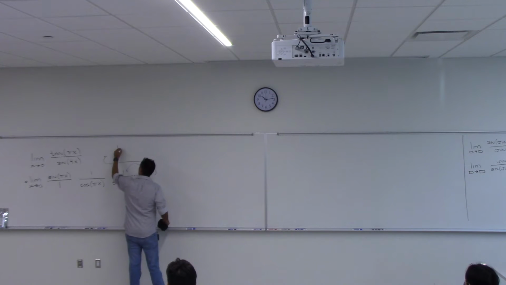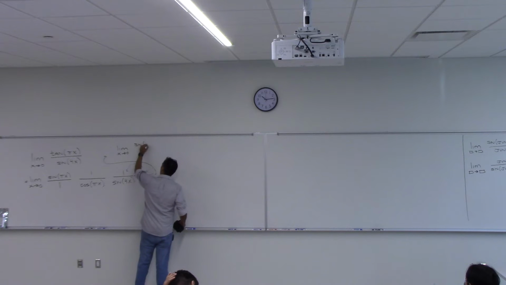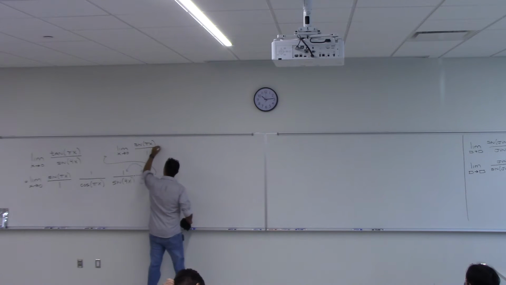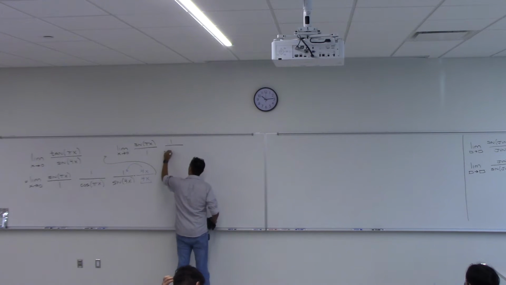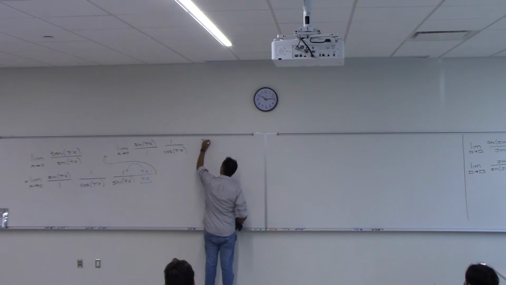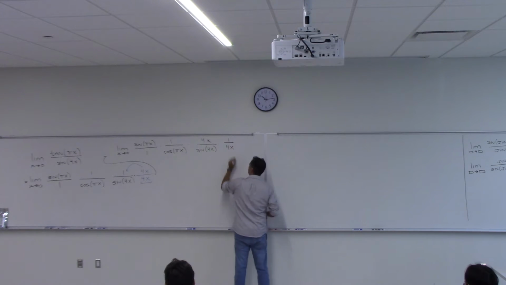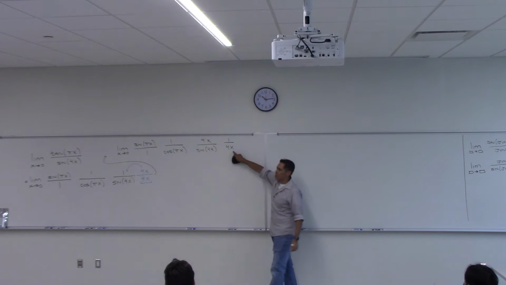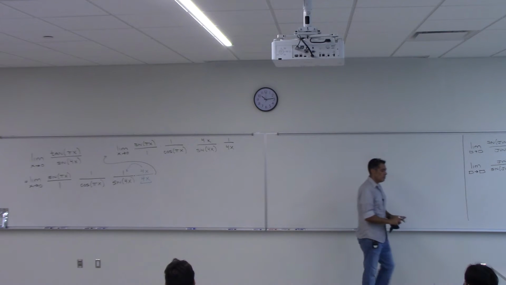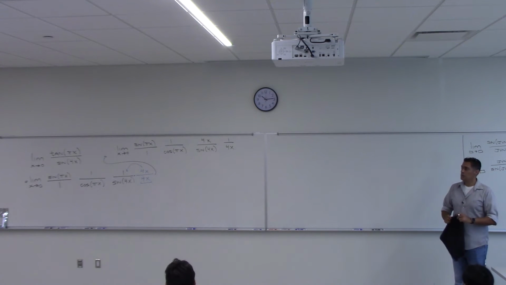We have limit x goes to 0, sine of pi x over 1 times 1 over cosine pi x times, now I slid that 4x on top of the sine of 4x, and then times, I still have a 1 over 4x here, right? So that's now the new issue, that division by 0 right there. So what do you think? What can I do? Go ahead.